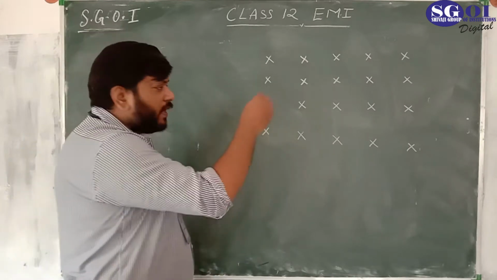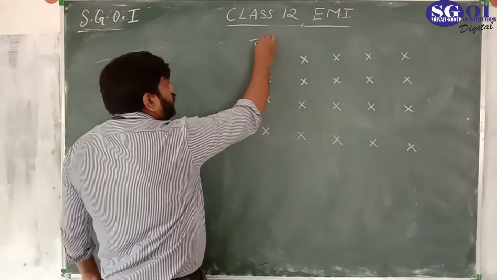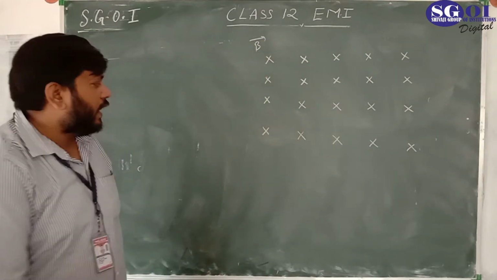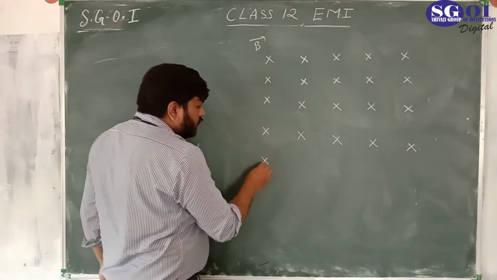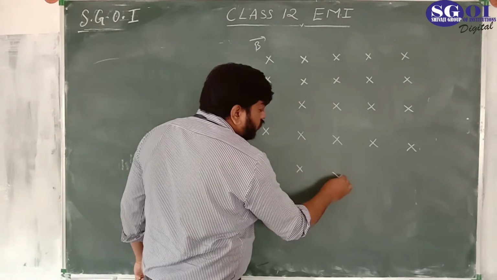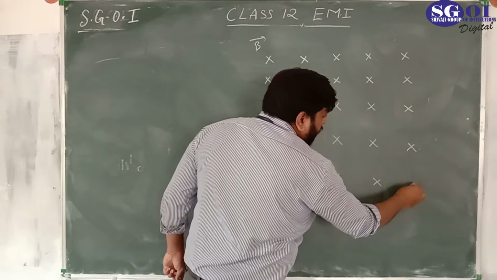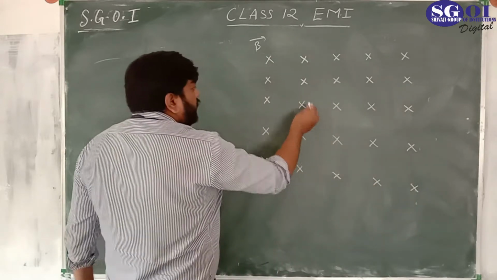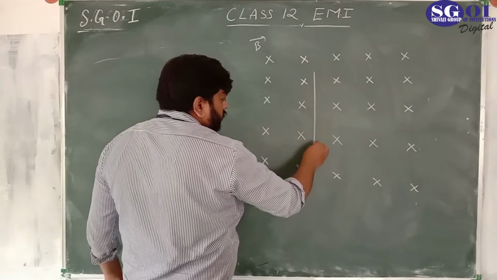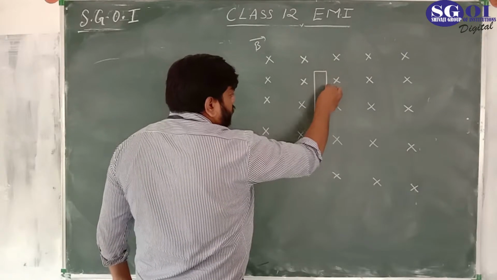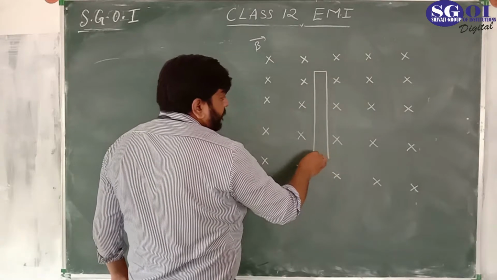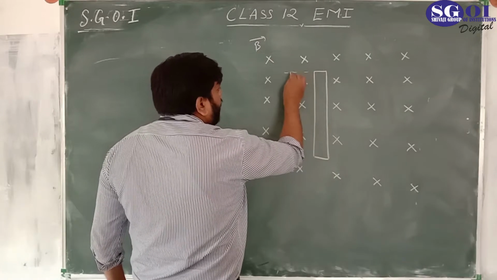Suppose this is the uniform magnetic field B, and in this uniform magnetic field, we have to move a conducting wire.